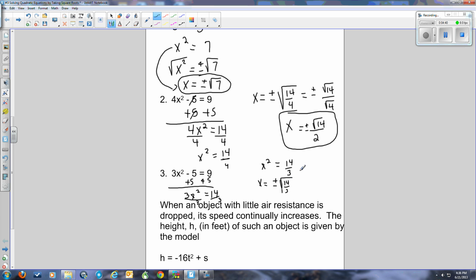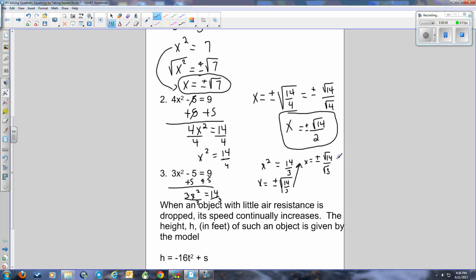So we have the square root of 14 thirds. Keep in mind, we can separate those. So x equals plus or minus square root of 14 over the square root of 3. Now, we cannot take the square root of 3, and we know we can't simplify the square root of 14 either. We do have to get rid of the radical in the denominator.